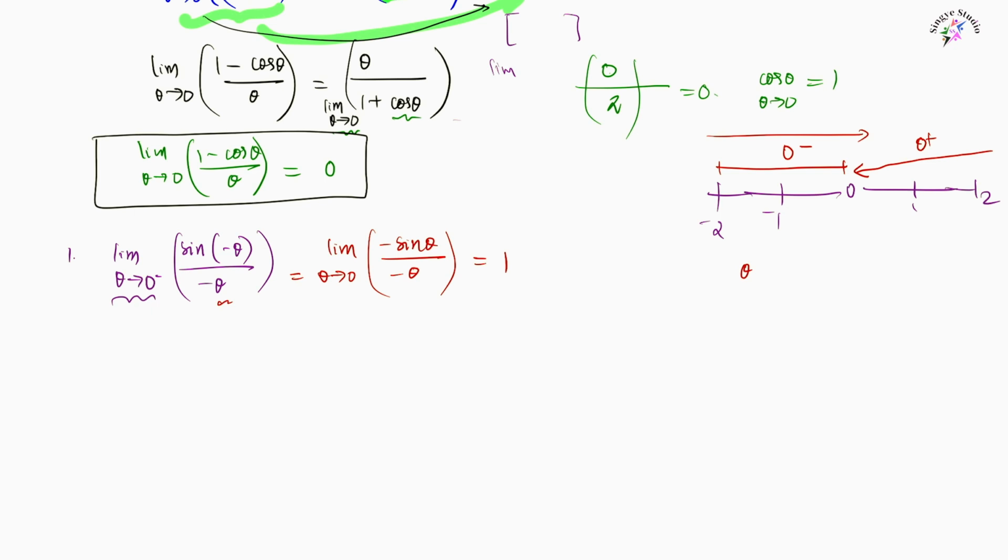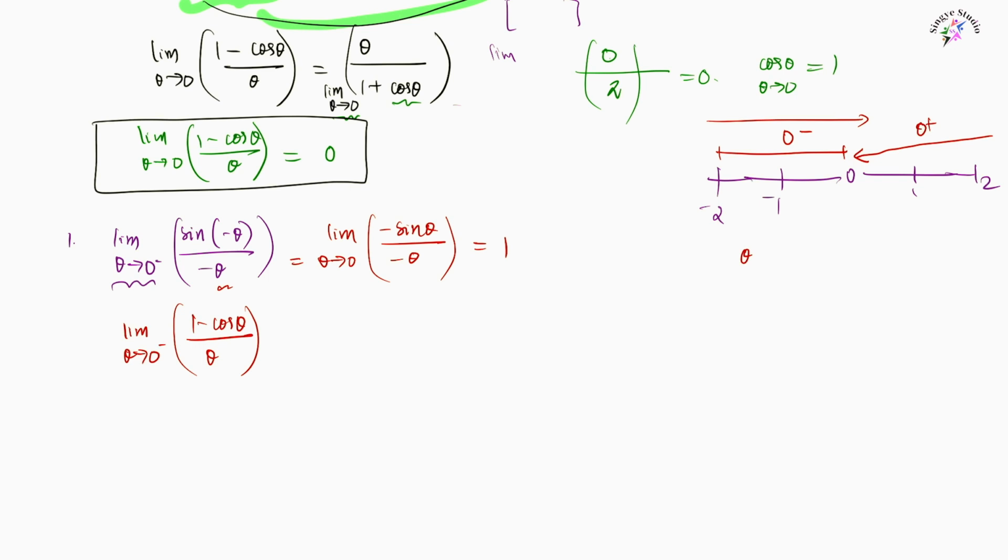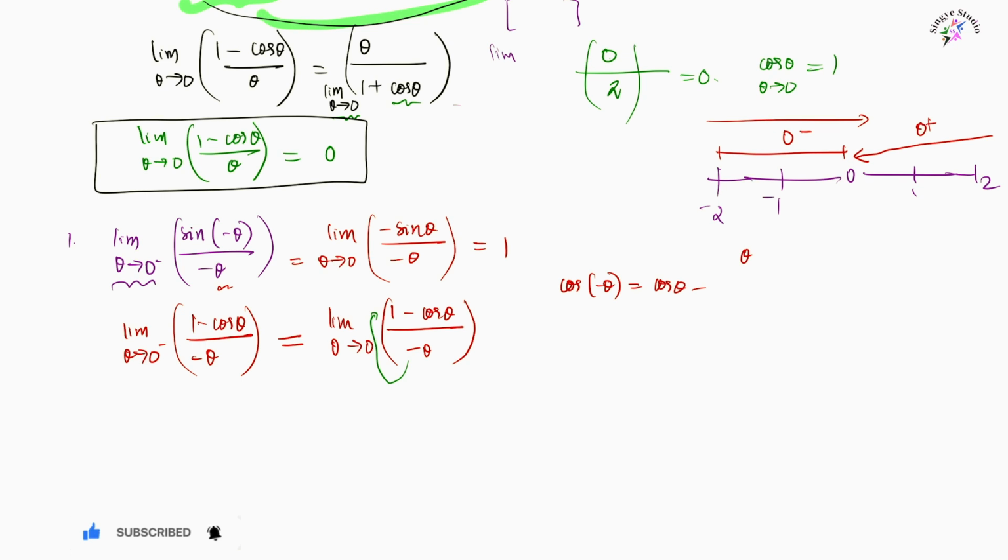And even for the cosine, when we approach from the minus side, what will we get? Cosine of negative theta equals cosine theta, right? So the sign doesn't change here. What we will say is 1, which will be equal to the limit as theta approaches 0 of (1 minus cosine theta) upon negative theta. If you just shift this negative sign, then we can write this in the form of the limit as theta approaches 0 of (cosine theta minus 1) upon theta.